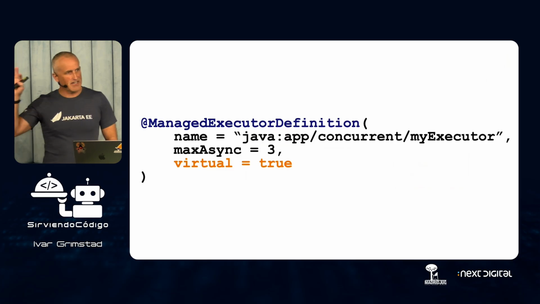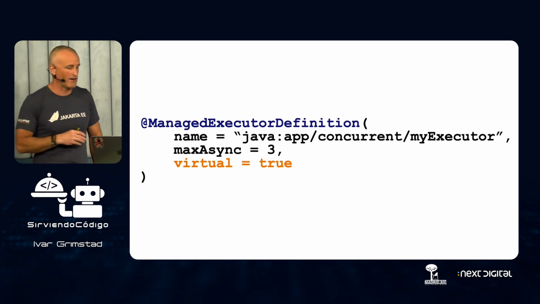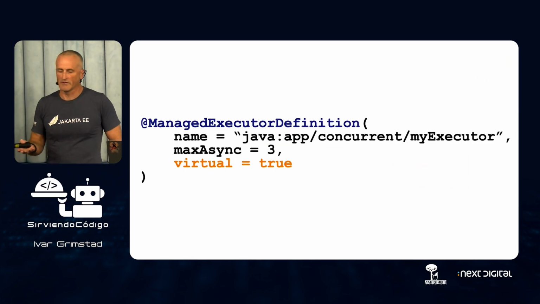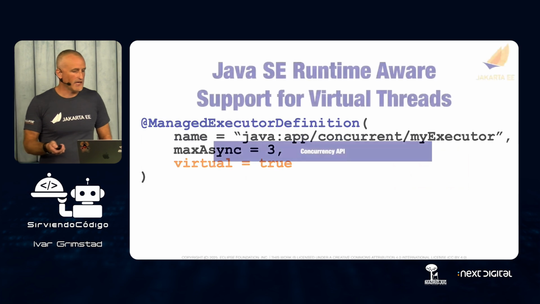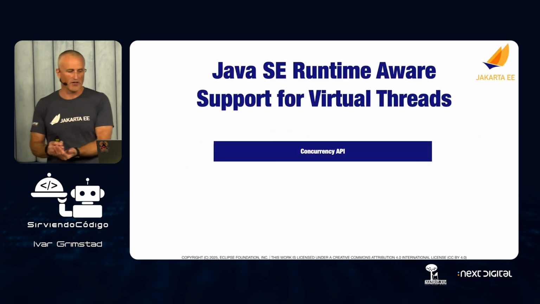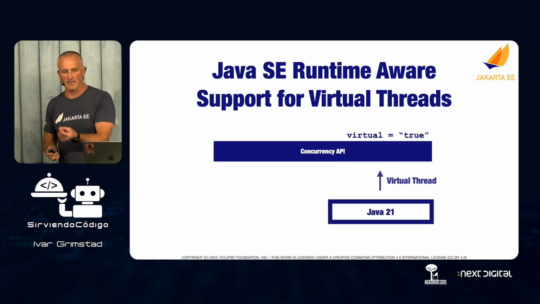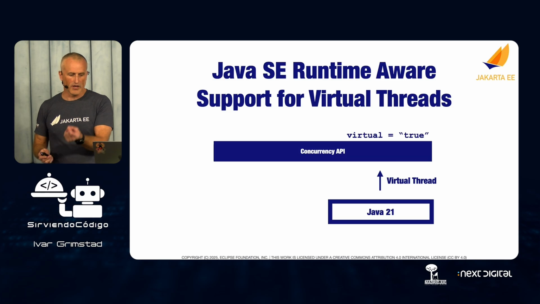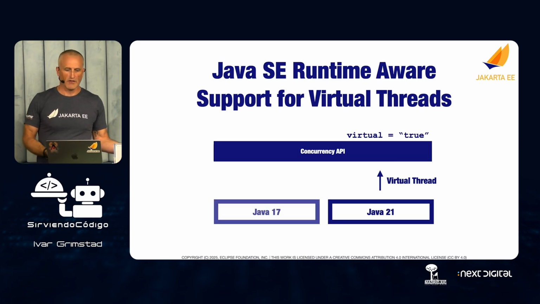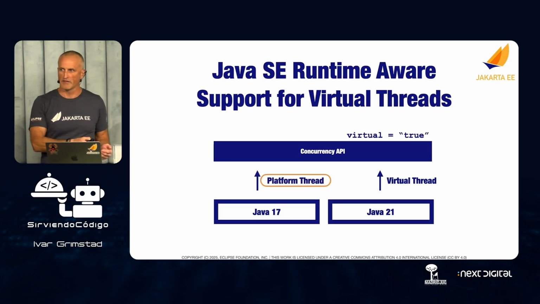What we're doing in these managed service definitions, these annotations, is to add a flag where you can say you want a virtual thread, true or false. Then we define Java SE runtime aware support of virtual threads, which means that if the concurrency API says virtual equals true, and you're running on 21, then you'll get a virtual thread as expected. But if you're on 17 and still have that flag set to true, you will get a platform thread.